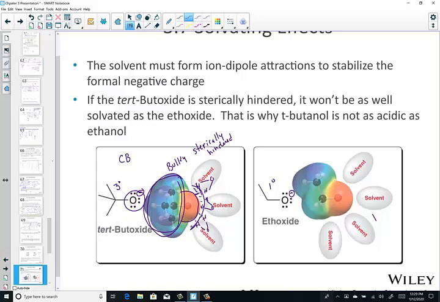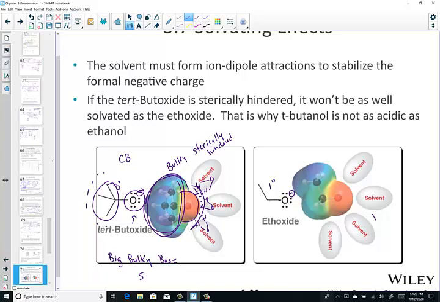Now, it's not doing so very well because of this big, bulky tert butyl area. You'll hear me say that a lot. This is a big, bulky base. It has a steric hindrance because of lots of carbon in that area. And it makes it very difficult for the water molecules to have access to this oxygen to help stabilize it.